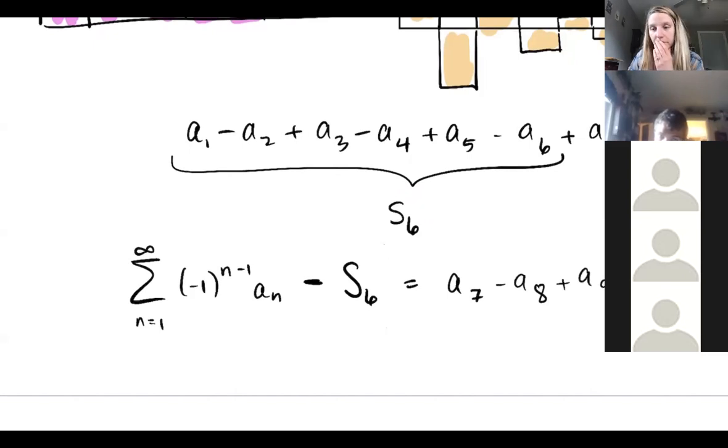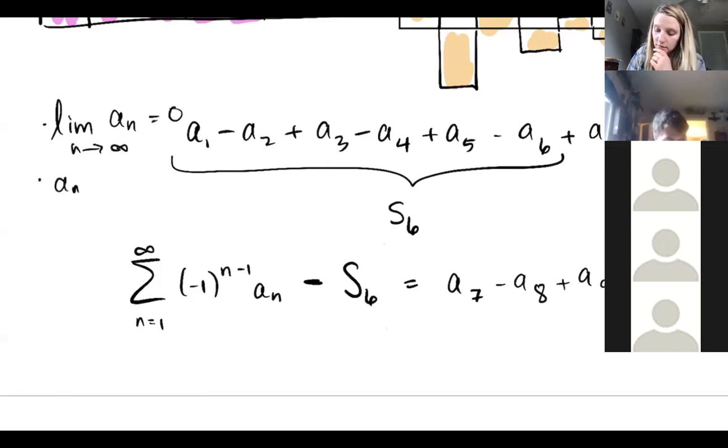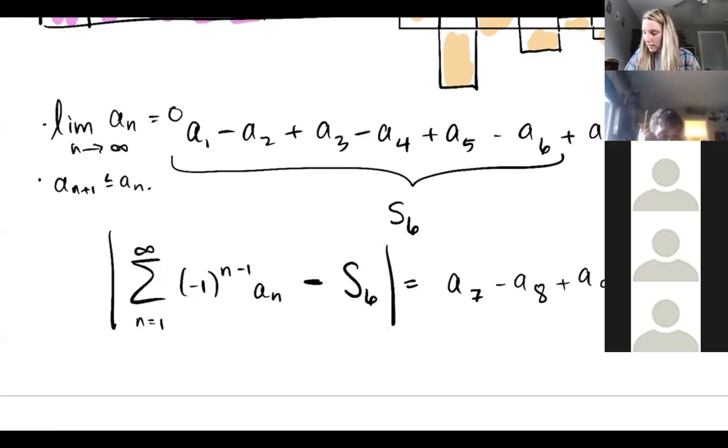The idea is so long as these terms are going to 0 and they are decreasing, then the largest that this difference could be would be A7.